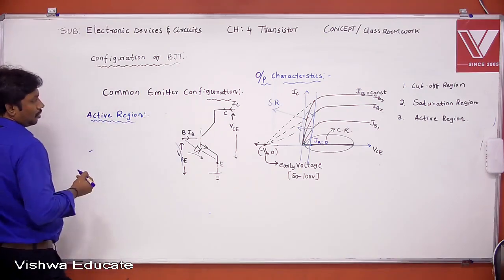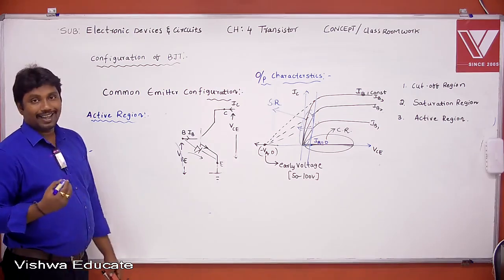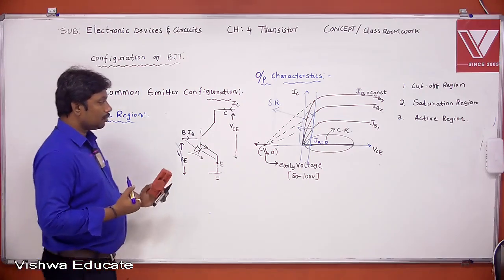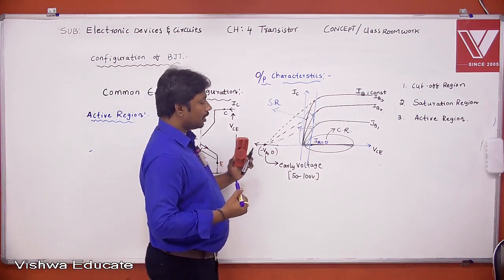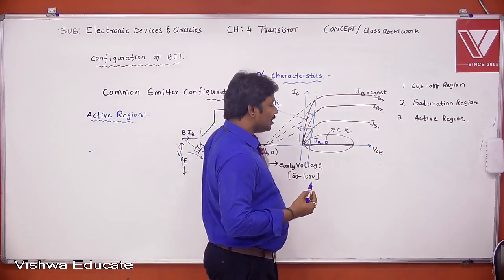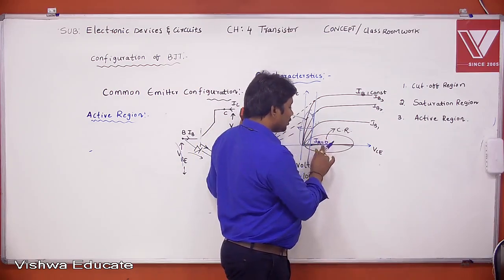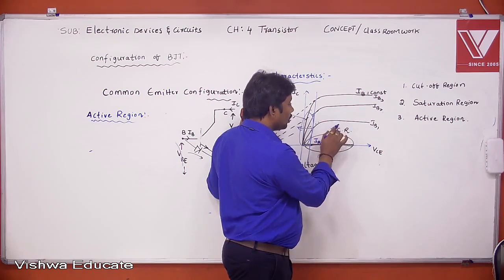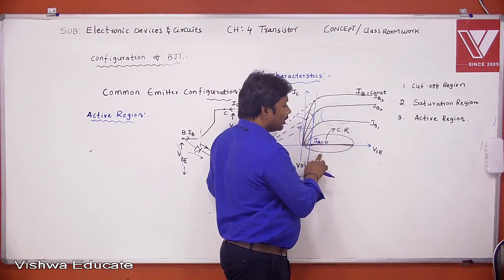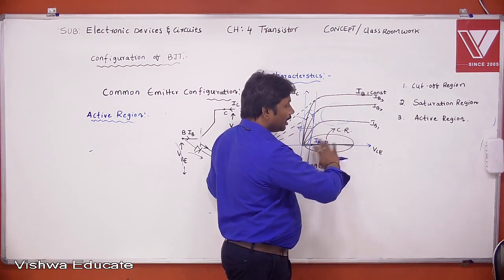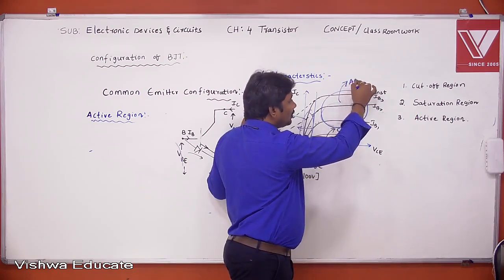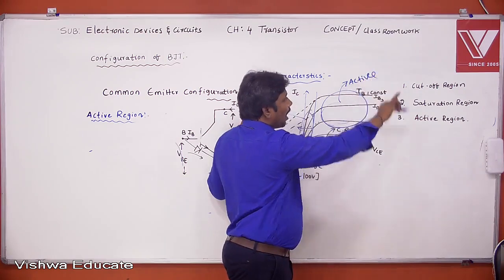Active region, right? What is the active region actually? The active region is the region in which IB is greater than 0, that is, above the IB equal to 0 curve, and to the right part of VCE sat. This region is called the active region.